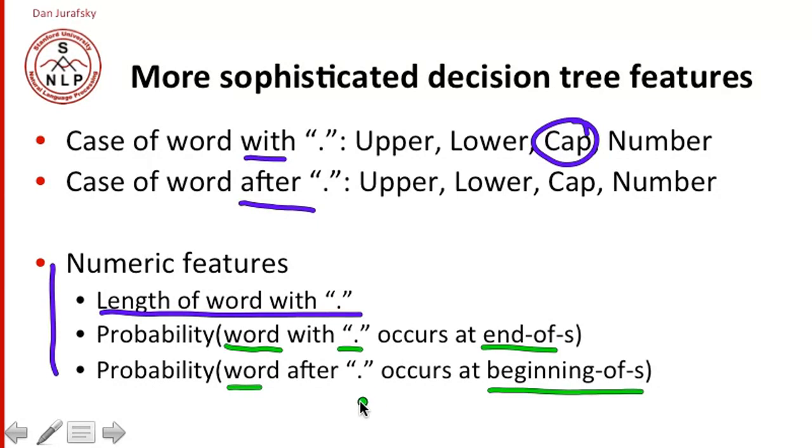Is this the word, for example, the word the after a period, very likely to be a capital THE after a period, very likely to start a sentence. So this will have a high probability of being a start of a sentence. And we can use these kind of features, conditioned on each of the words, again, to help us in deciding what is or isn't an end of sentence period.